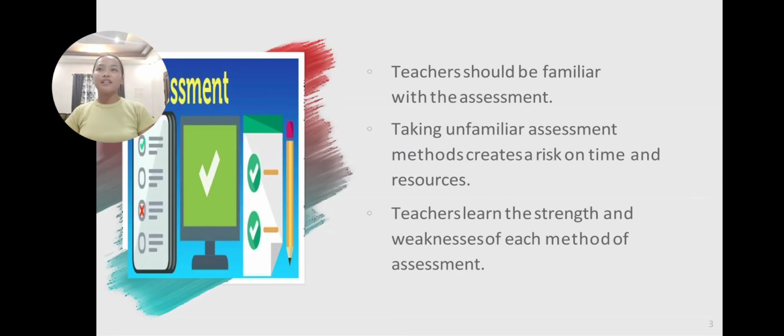So we also have this on an international basis. We also have the Trends in International Mathematics Study. That is also a kind of assessment. And we also have this assessment that is good for the kindergarten students, which is, I forgot the name, the kinder-based, I guess, the school readiness year-end assessment, which is actually based on the mother tongue that the learners or the pupils learn throughout the school year.